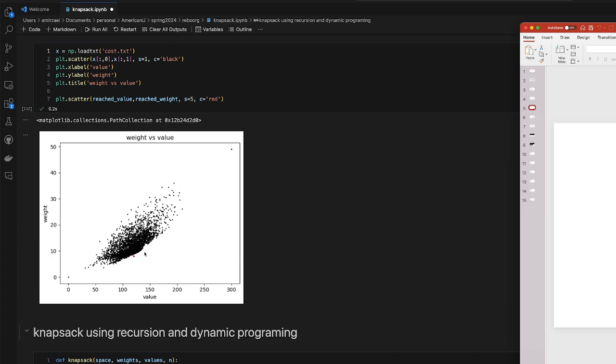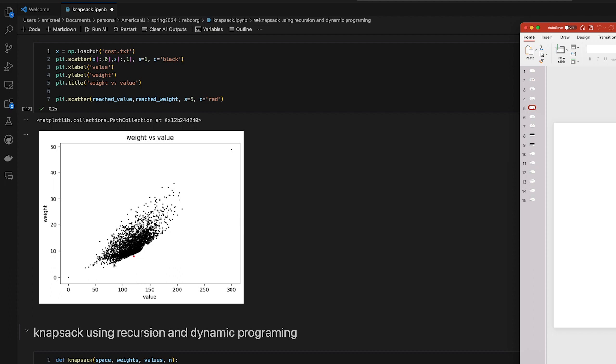For example, this dot here, right? You cannot say this dot is worse than this dot. Why? Because if you look at this dot, its value is less, so whatever combination leads to this value is worse than this dot here.